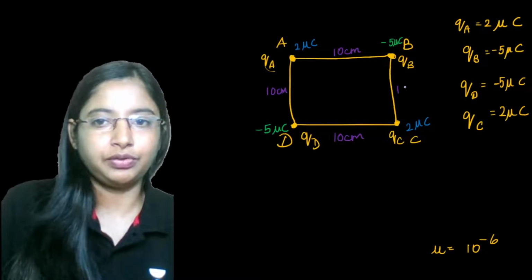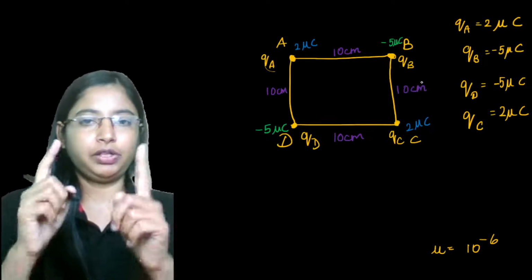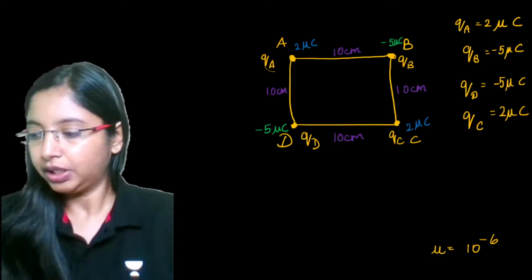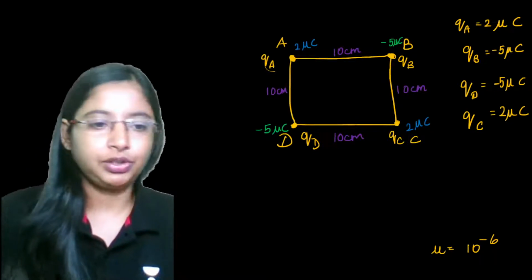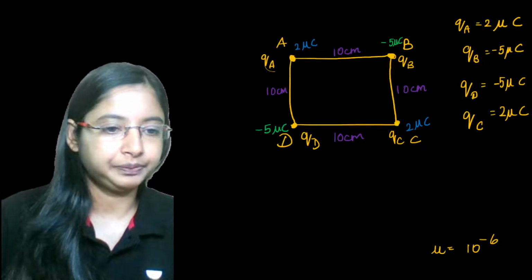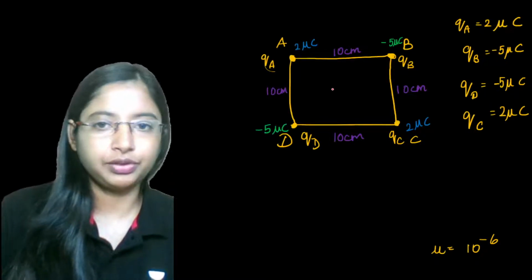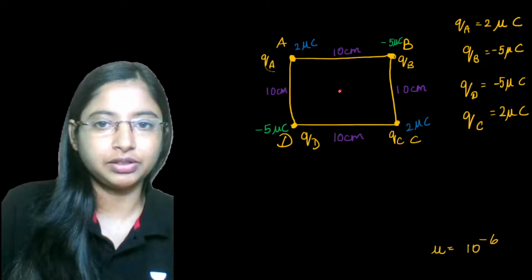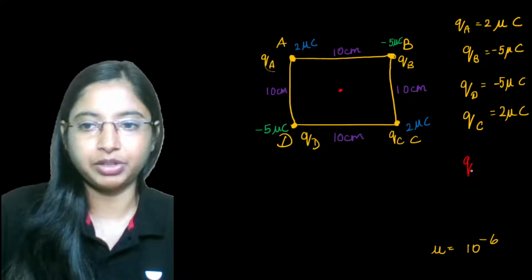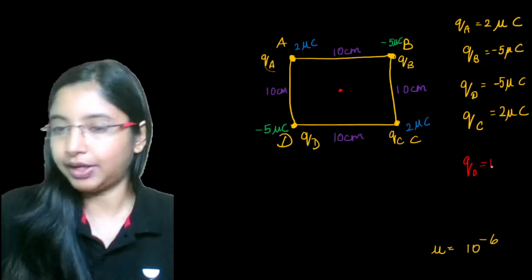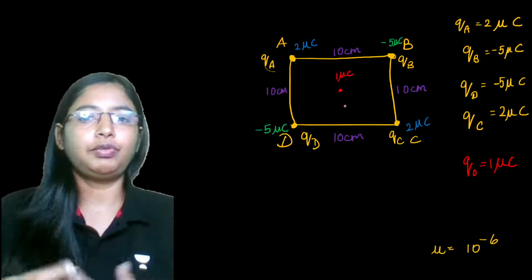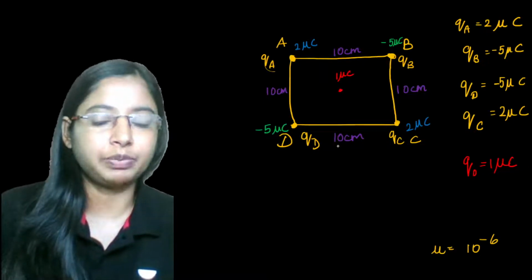So now we know there are 4 charges, and we know the separation between them. Now, if you introduce a test charge in the middle, let's call it Q0, with a value of 1 microcoulomb, because we want to study the field at this particular point.